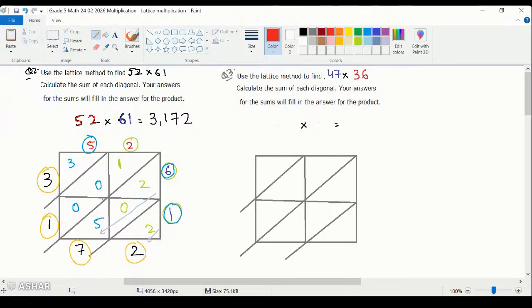Okay, so if we need to find the answer for 47 multiplied by 36, 47 can be broken down into 4 and 7, and 36 can be broken down into 3 and 6. What is 7 times 3? Can we find 7 times 3?